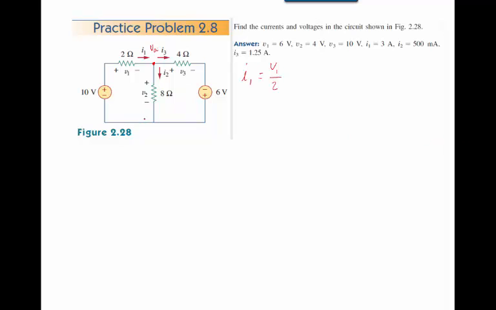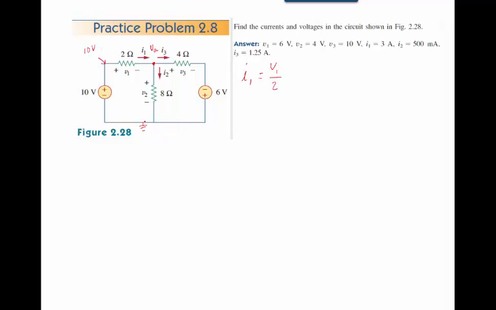If I somewhat arbitrarily call this my 0 reference point, I can put it anywhere, but it's usually easiest and conventional at the bottom of the circuit like this. I'm at 0 volts here, I come up 10 volts right here, and I know that this point on the circuit is at 10 volts.